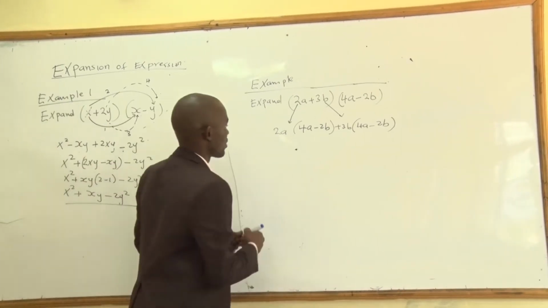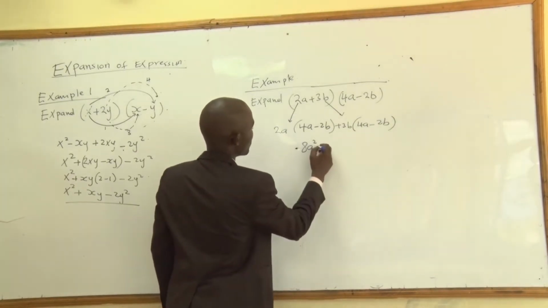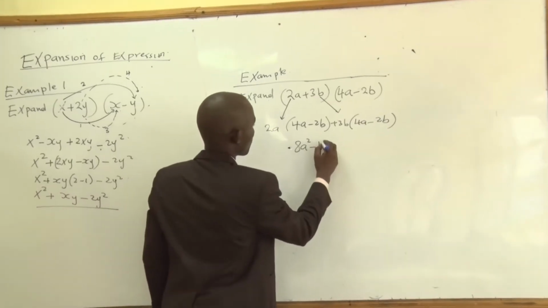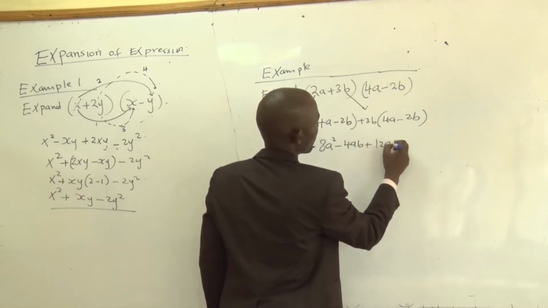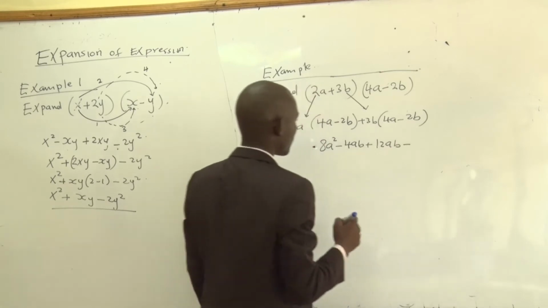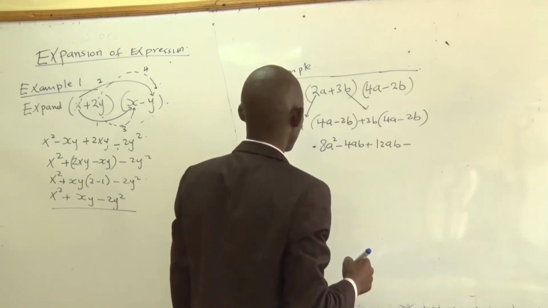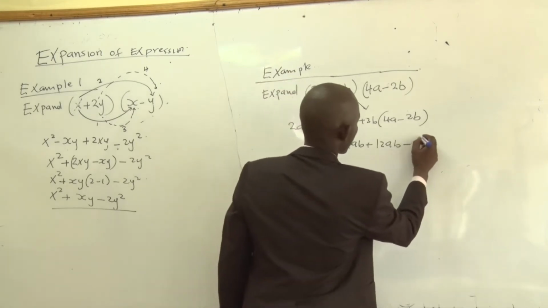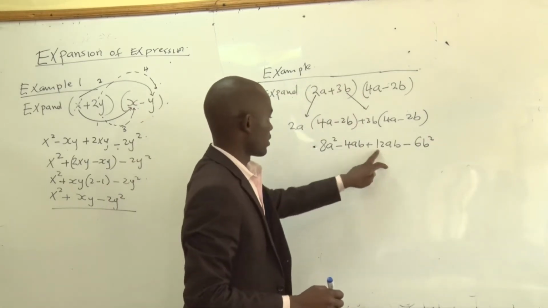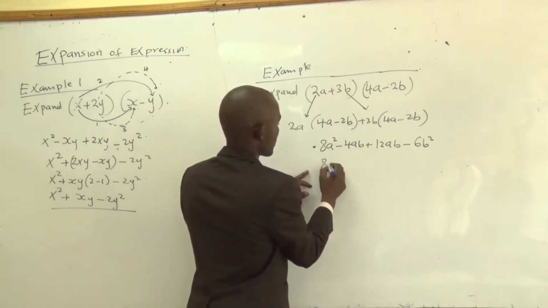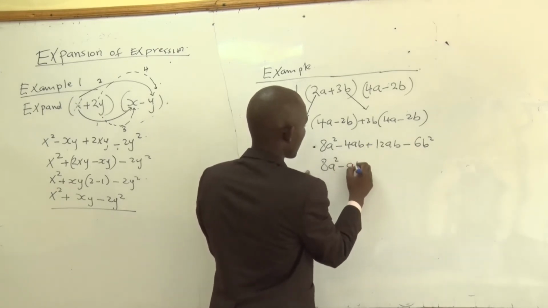Once you do this, you can now be able to get 8a squared. This times this, you will be able to get minus 4ab plus, if you solve this, 12ab. This times that, you can be able to get 6b squared, minus 6b squared. Remember this one, we can factor out ab. This is the same as 8a squared, ab is common, so I can take ab outside.